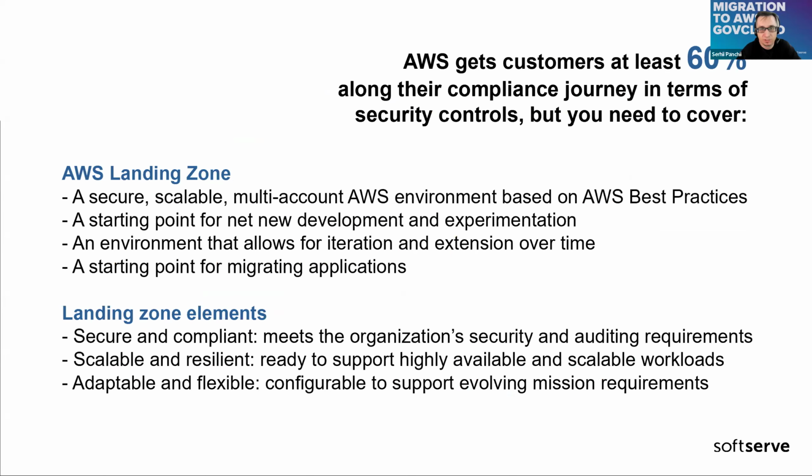Regarding AWS Landing Zone usage, AWS gets you approximately 60% of security controls for the compliance audits. The rest of them is the client responsibility. You must implement IAM, configure logging, design for disaster recovery, and be sure that you establish a secure CI/CD process.